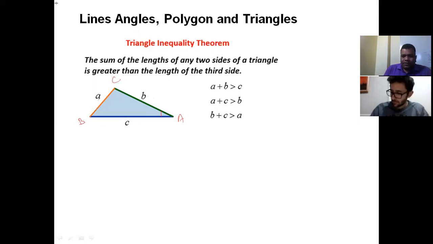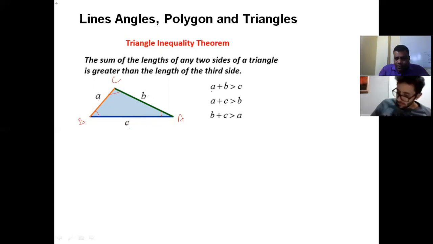Angle A's opposite side is a, angle B's opposite side is b, angle C's opposite side is c. The first property is that the sum of any two sides of a triangle must be greater than the third side. Otherwise, you cannot form the triangle. I repeat, the sum of any two sides must be greater than the third side.